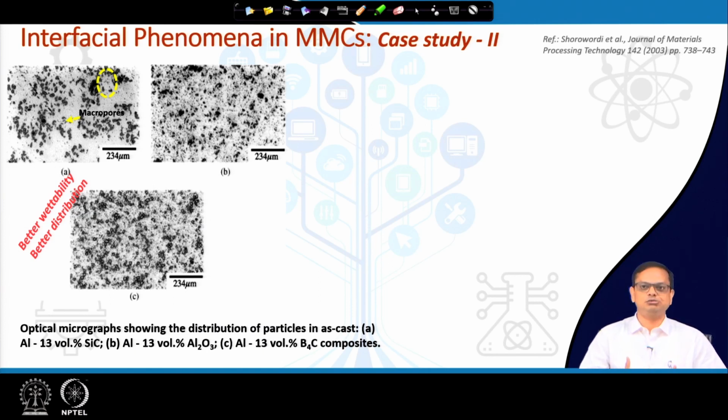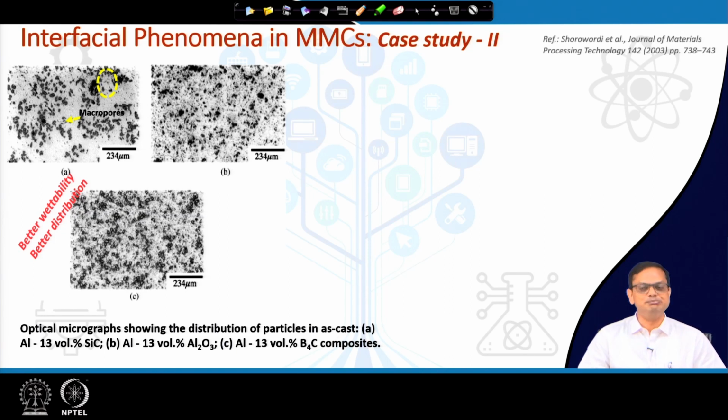This thin layer of B2O3 and Al2O3 formation improves the wettability, and because of better wettability there is better distribution. I hope it is clear to all of you why B4C is showing better distribution, because it shows better wettability. Why better wettability? Because intrinsically B4C has some oxide layer, B2O3 layer, which gets molten at the melting temperature of aluminum. Even in case of stir casting, you keep the temperature a little higher than the melting point.